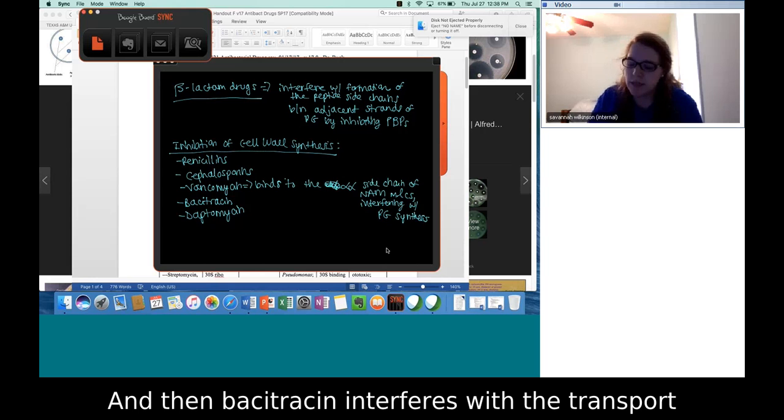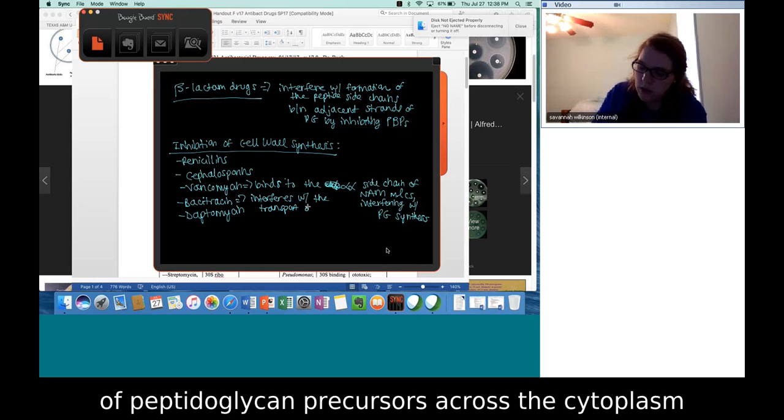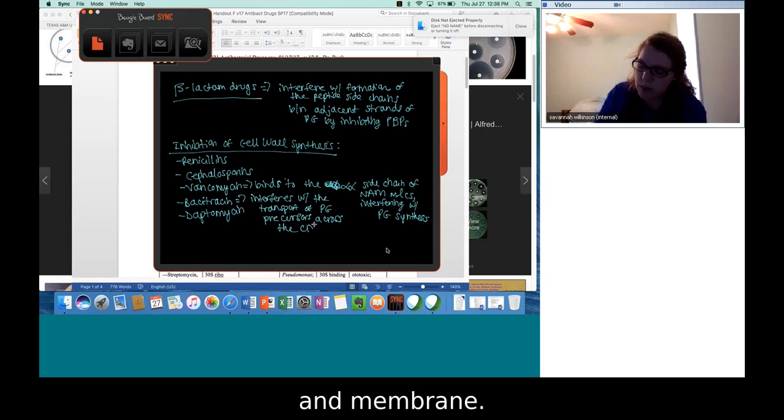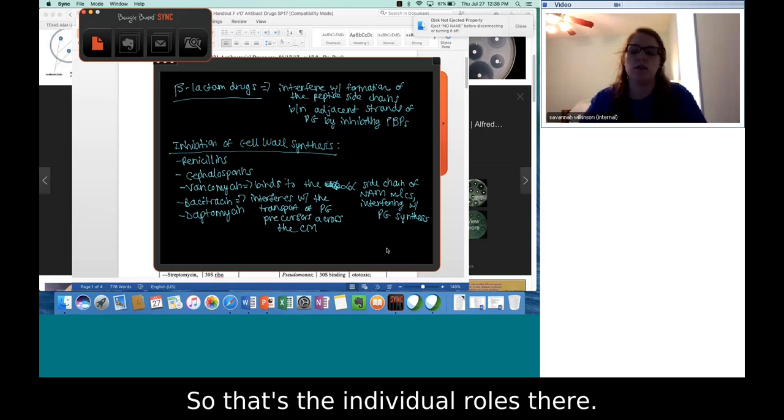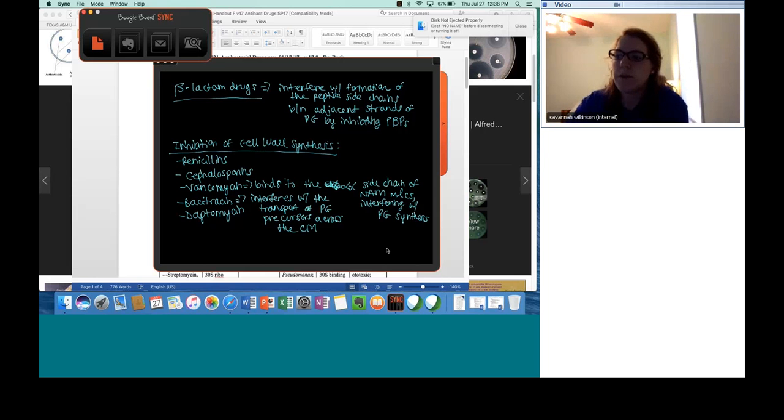And then bacitracin interferes with the transport of peptidoglycan precursors across the cytoplasmic membrane. So those are their individual roles.